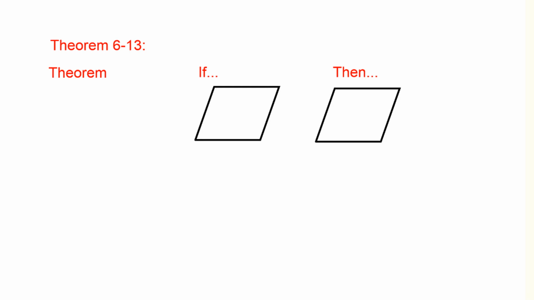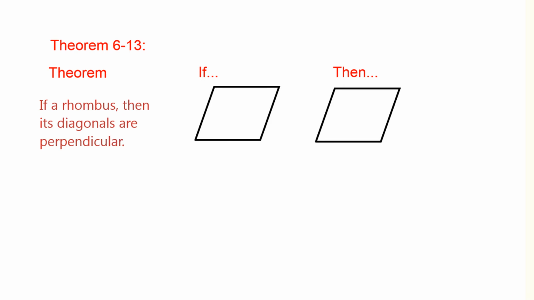Let's take a look at our first theorem of this lesson. It is theorem 6-13. It doesn't have a name, oddly enough, but the theorem says if a parallelogram is a rhombus, and I'm just going to say if a rhombus, then its diagonals are perpendicular.